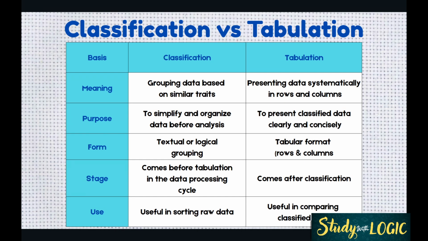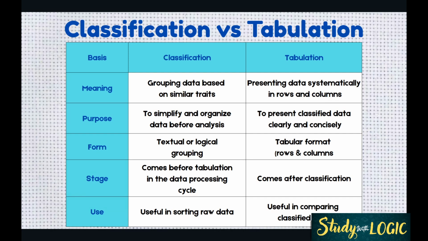But tabulation, in its broadest sense, is orderly arranging of data in columns and rows. Next, let us understand the purpose. Classification is done to simplify and organize the data before we analyze it. Whereas tabulation is done to present classified data clearly and concisely.